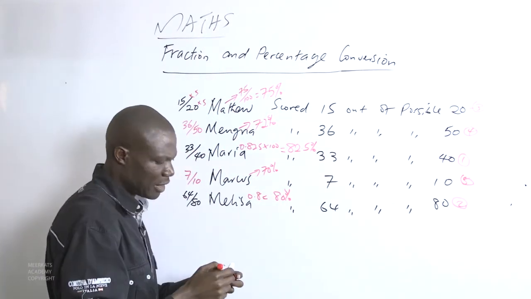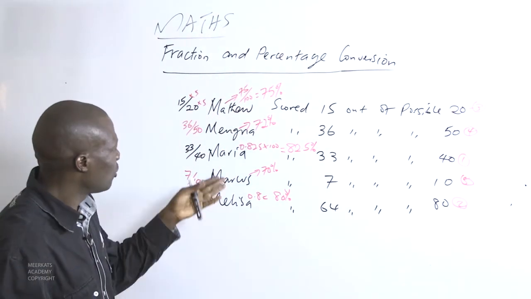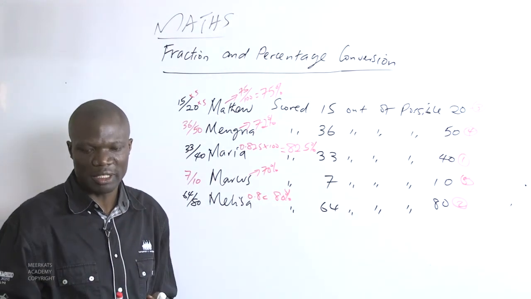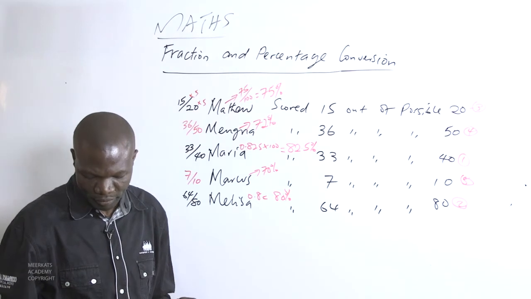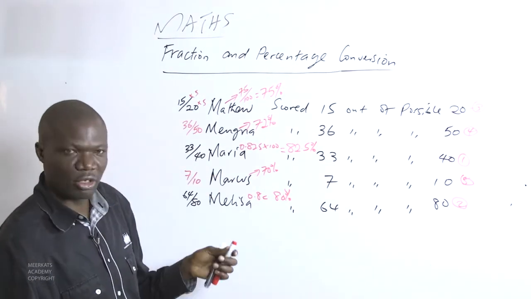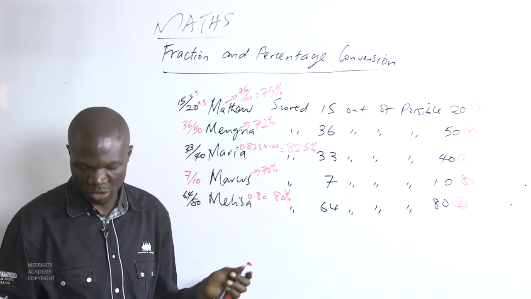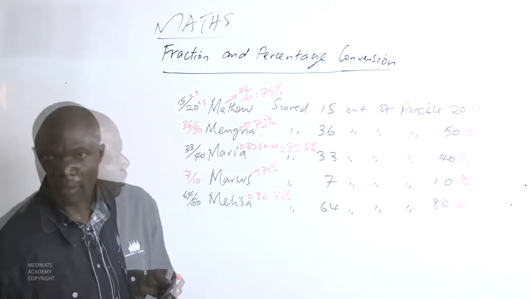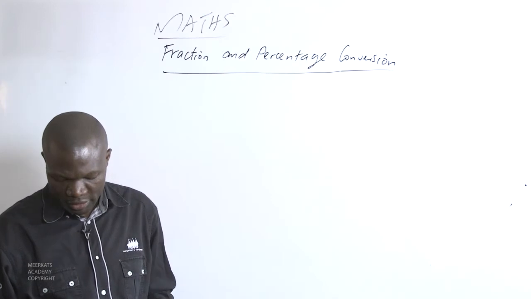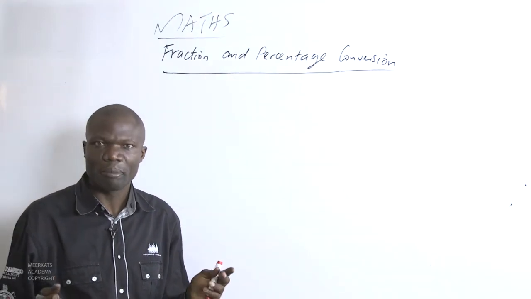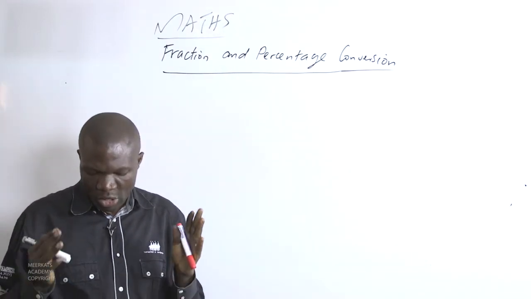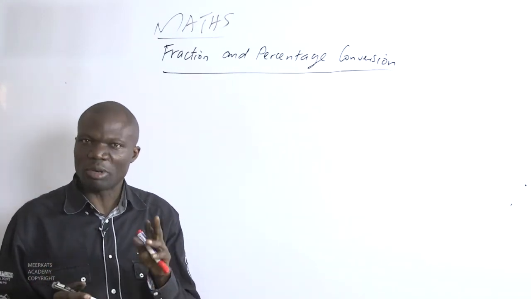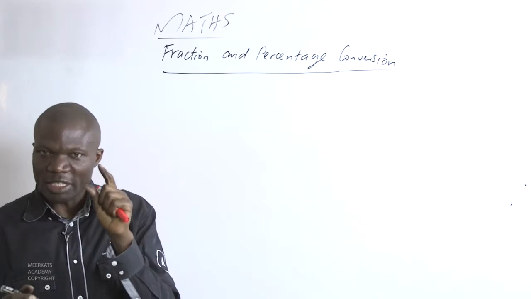Now you realize that it has been easy to rank them, having changed everything into percentages. So let us look at the approach we use as we convert fractions into percentages. Now, the first thing we need to do, take note of it, we can simply write percentages as fractions by simply changing the sign.